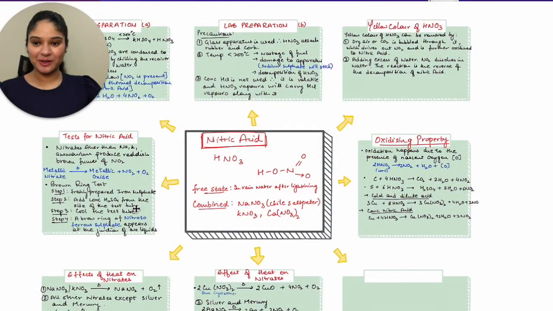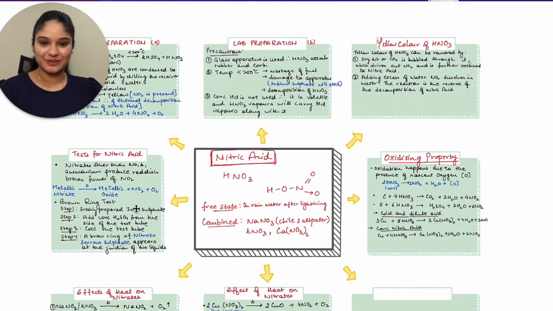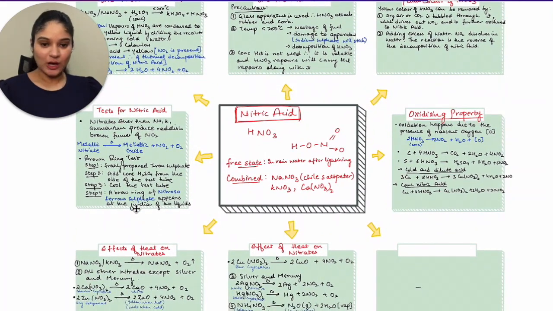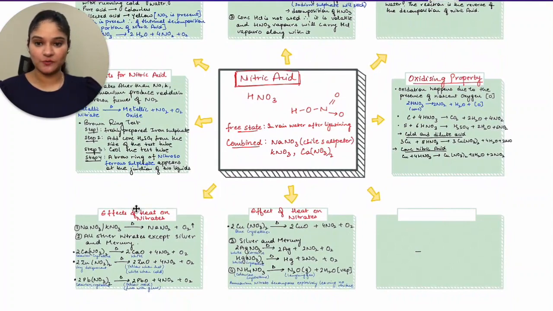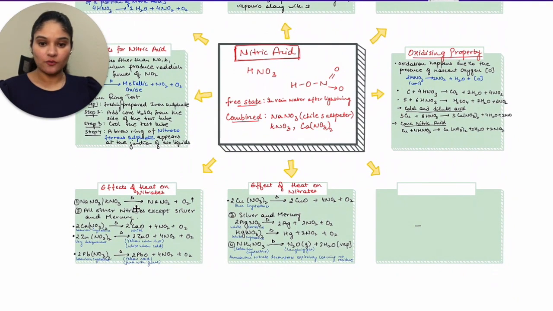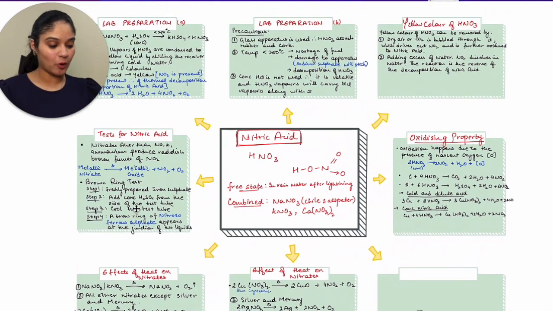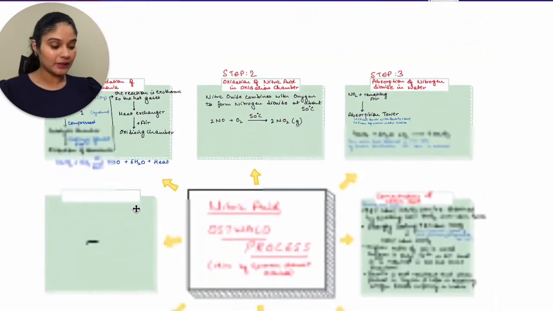Alright students, so I hope the screen is clearly visible to you. If you look here, this is how a mind map works. You have all the different sections with some information in that. For nitric acid, again similar to sulfuric acid, we have the basic properties, the tests, whatever information that you need for nitric acid in one slide right here. And the other one is right here.